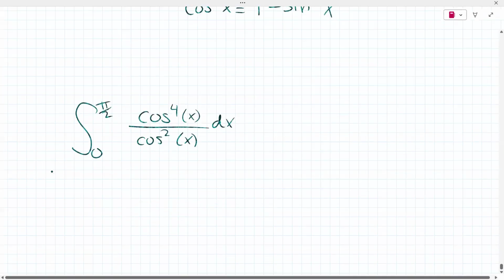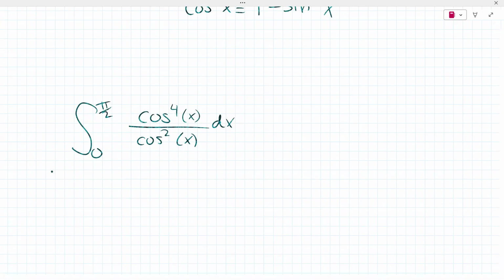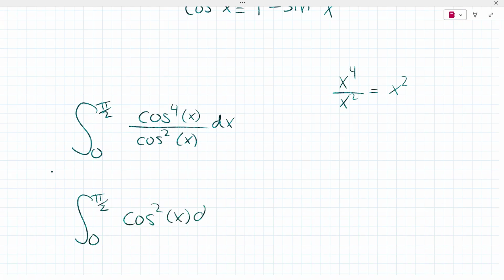And then what is cosine 4th x over cosine squared x? That's like subtracting, it's almost the same thing as x to the 4 over x squared, right? 4 minus 2 is 2. That's exactly the same thing as this. That's going to be the integral from 0 to pi halves of cosine squared of x dx, right?